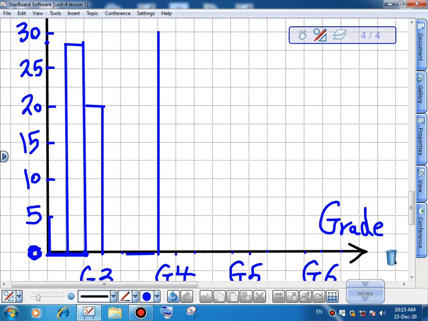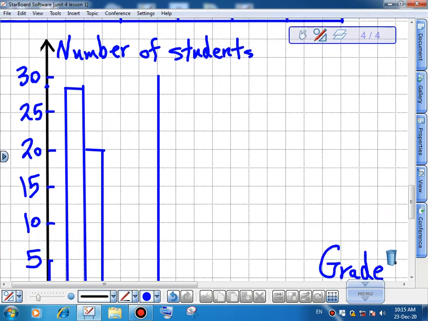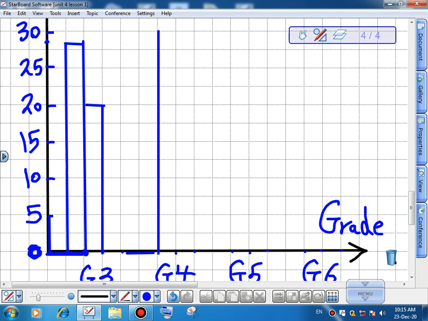Remember, now close this part after drawing the girls' number. We have 26; we have 25, after that 30, but 26 will be after 25.